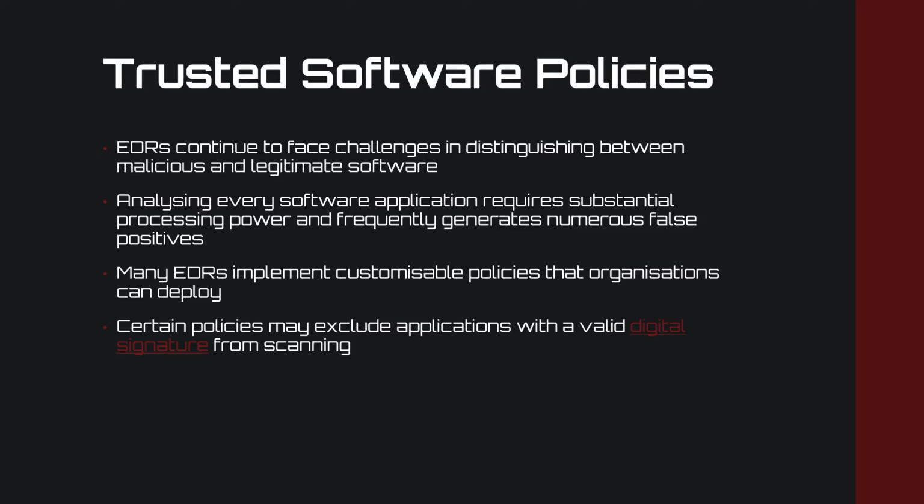For example, the EDR solution could avoid scanning a particular piece of software if it matches a valid digital signature. Applications with such signatures are often trusted by their nature, as only the software developers can sign those applications. Consequently, EDR solutions might avoid scanning signed software and may simply allow its installation without interference.